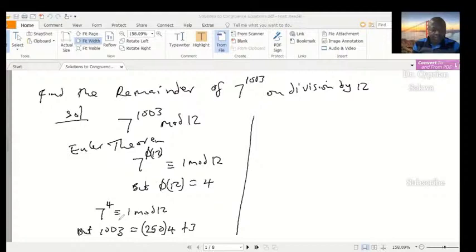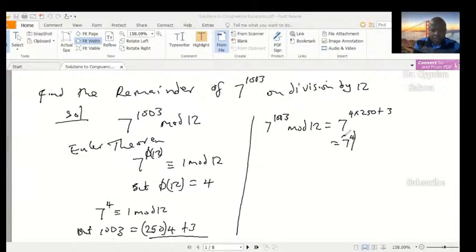That means that 7 raised to 1003 mod 12 is the same as, instead of 1003 we write this, 7 raised to 4 times 250 plus 3. It's the same as 7 raised to 4, raised to 250, times 7 raised to 3 mod 12.